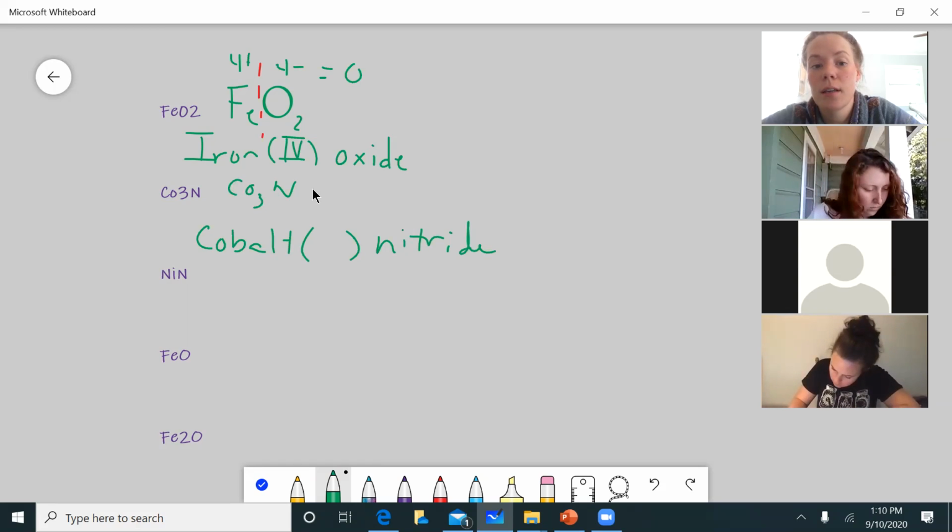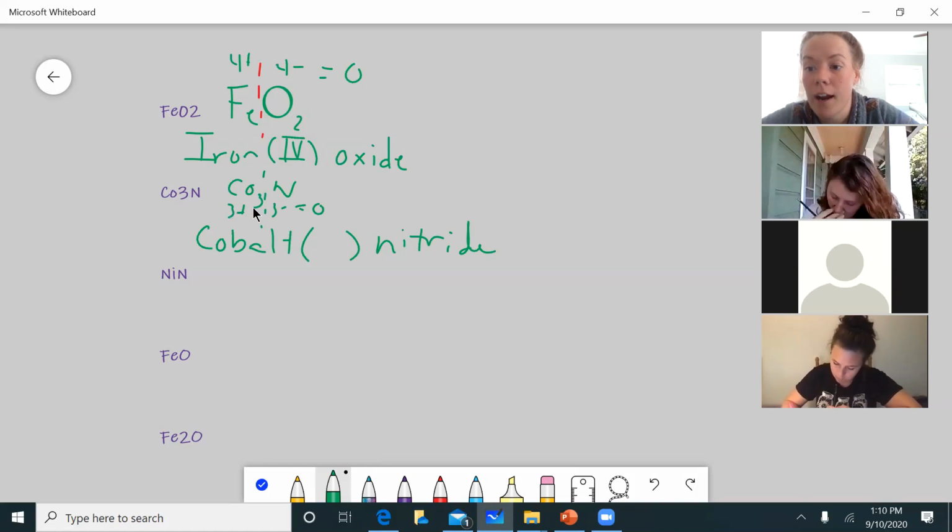Well, the whole thing has to equal 0, right? Nitrogen always has a 3- charge. So this has to be a 3+ charge. But how many cobalts are there? There's a total of 3 cobalts, right? So each cobalt will bring you a +1 charge. So this would be cobalt(I) nitride.